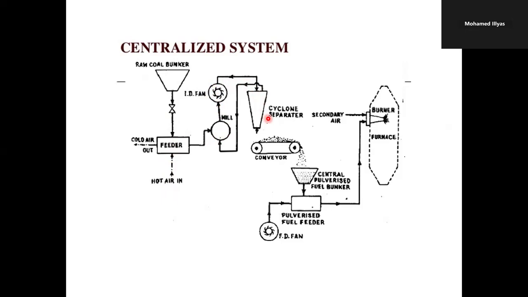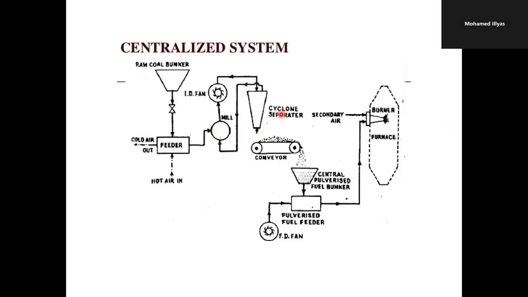In the cyclone separator, we create a whirling motion. The heavy coal particles will be supplied to the bottom of the cyclone separator, and the lighter coal particles will be taken again to the mill, and again come to the cyclone separator.